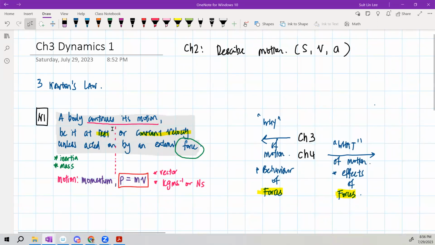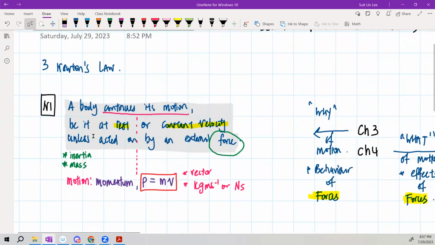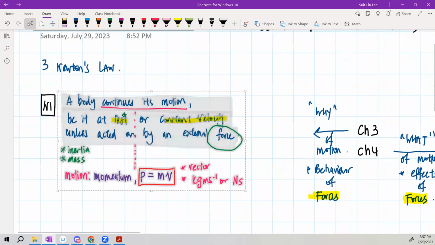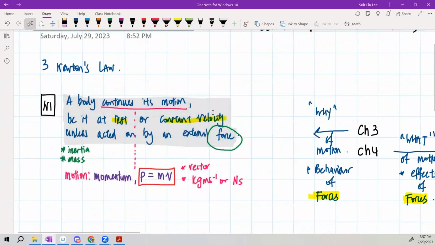Okay, so a body continues its motion, whether it's at rest or constant velocity, unless acted on by an external force. So under Newton's first law, there are ideas of what is inertia and what is mass.